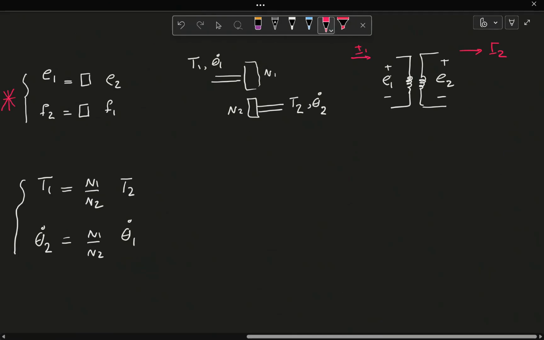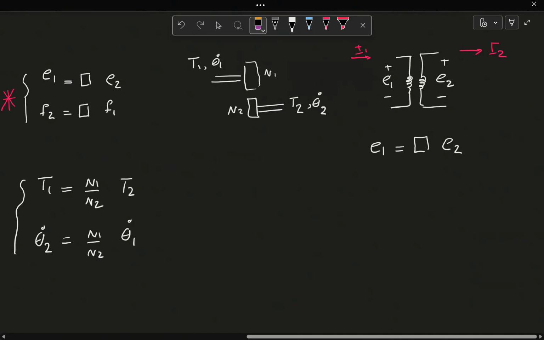Similar to the gearboxes, we have a similar concept. The effort on the first side, which is the force-like quantity in electrical systems, we mentioned is the voltage. It's going to be equal to some constant number multiplied by the effort on the second side.